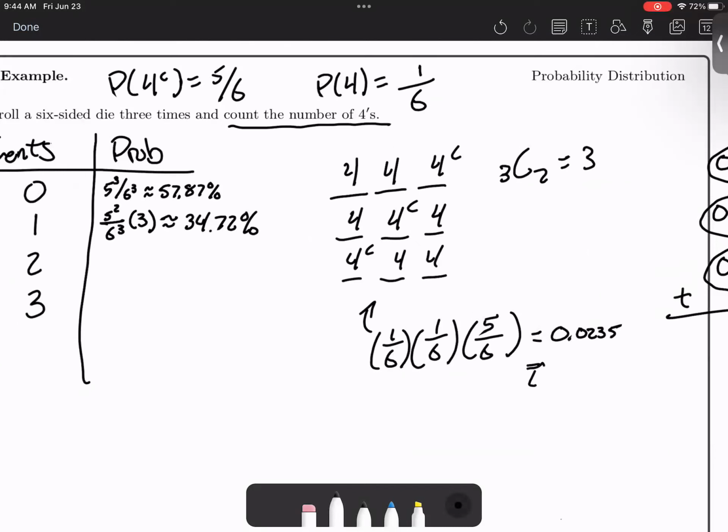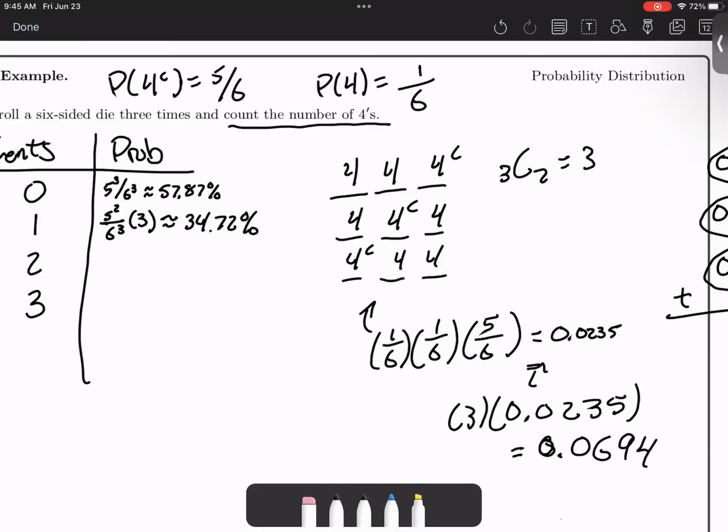And there's 3 different ways for that to happen. So 3 times 0.0235 gives us 0.0694.